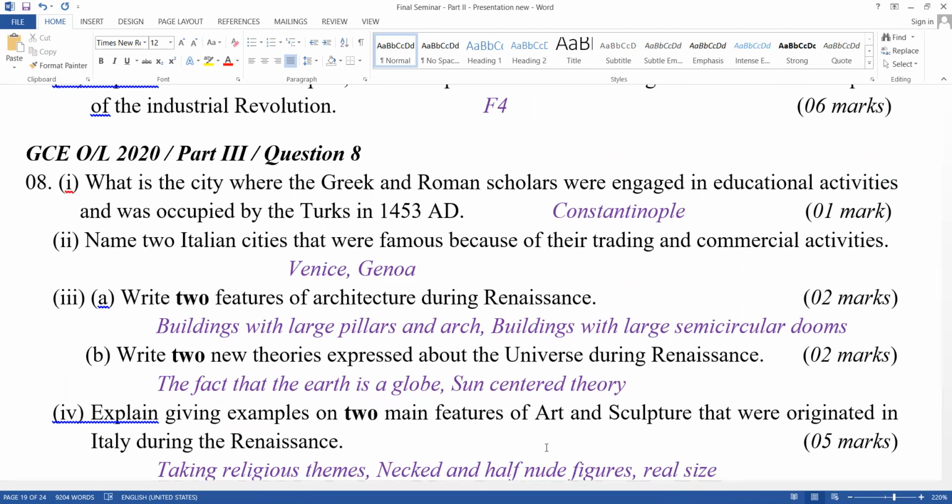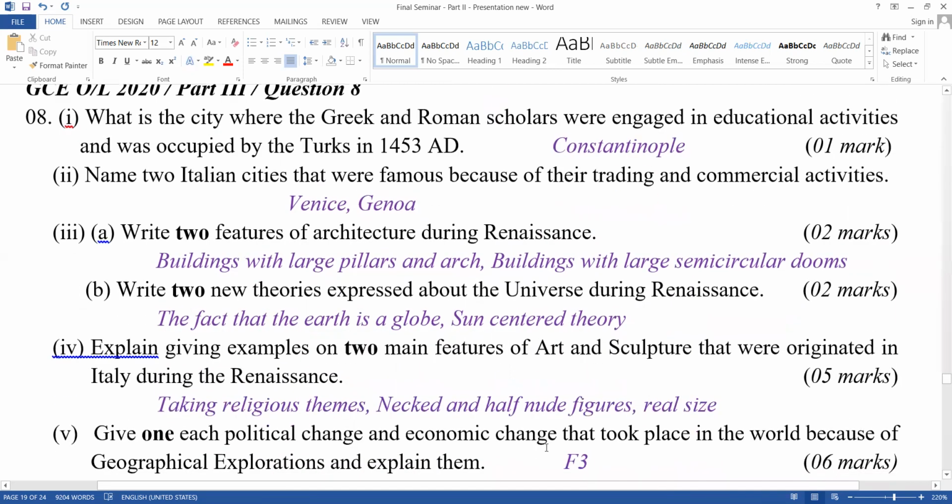Taking religious themes in their creations to make a painting or sculpture, religious themes like Mother Mary and Jesus, the statue of Pieta, that's having a religious theme. Naked and nude figures had been created with the real size of the statues. Many naked figures you can see in Greek sculpture.